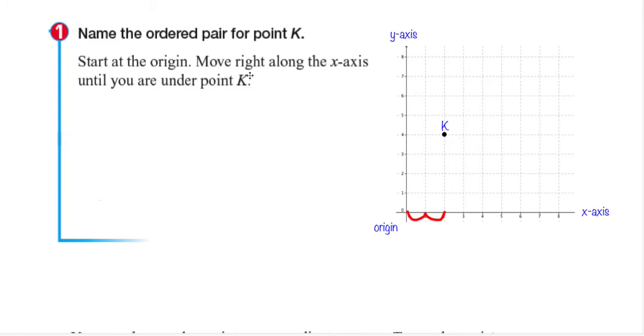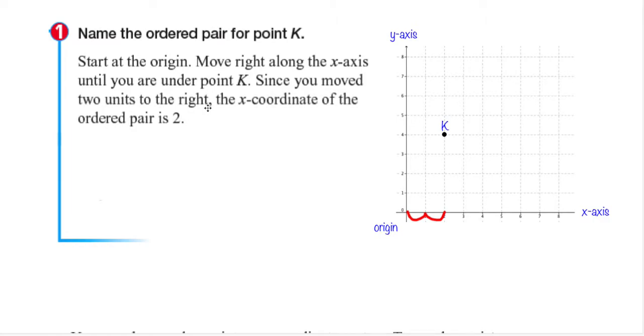Then next direction, since you moved 2 units to the right, the x-coordinate is 2. So your first number in the ordered pair would be 2. So our first number in point K would be 2.